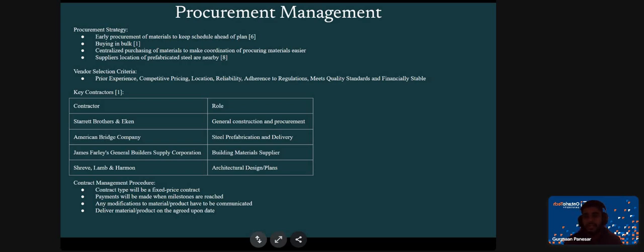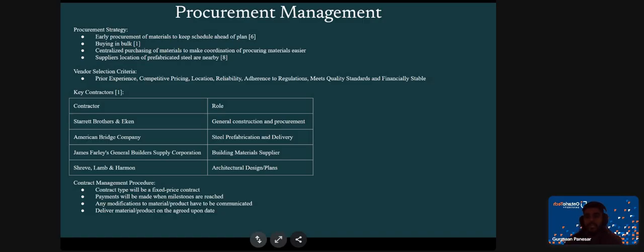The vendor selection criteria are prior experience, competitive pricing, location, reliability, adherence to regulations, meeting quality standards, and being financially stable. The key contractors in this project are Stater Brothers and Ekins, American Bridge Company, James Farley General Building Supply Corporation, and Shreve, Lamb and Harmon. The roles are on the right, showing what their responsibilities in the project were.